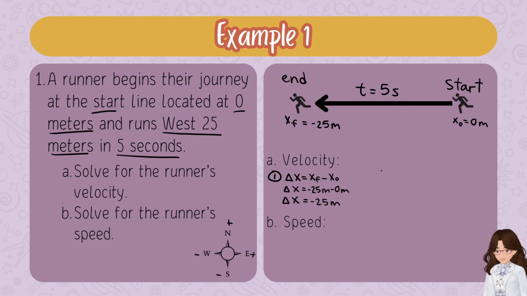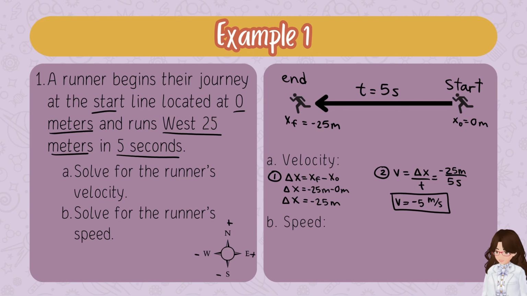Now we can go ahead and plug that in to get our velocity. Velocity is equal to the displacement of the runner divided by the amount of time that they were running, which is going to be equal to -25 meters divided by 5 seconds, and that will give us a velocity of -5 meters per second.